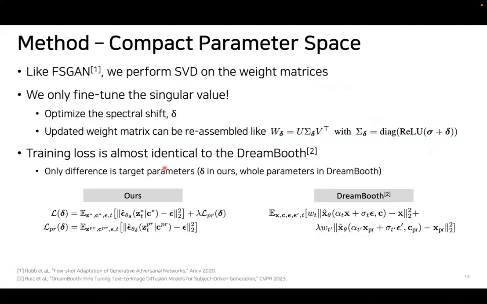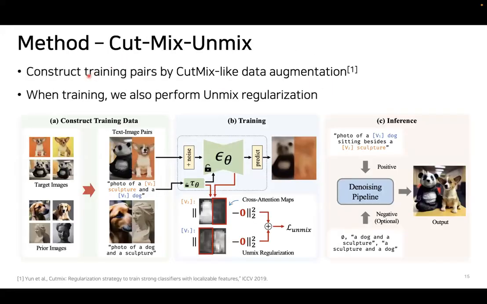To prevent this, they construct training pairs by CutMix-like data augmentation. When we have target images, they manually cut the images and mix them. That's all, but the detail is Unmix.